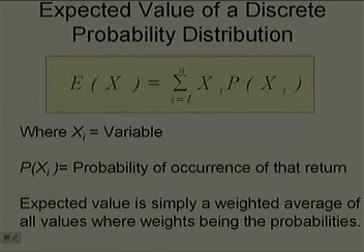So, it is summation i equal to 1 to n of xi multiplied by probability of xi. This is the simple mathematical expression we are going to use for calculating expected value.